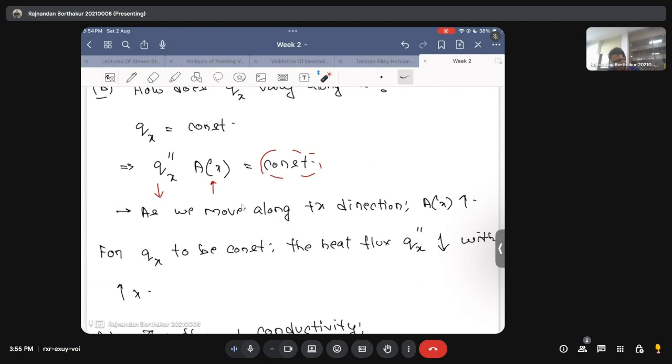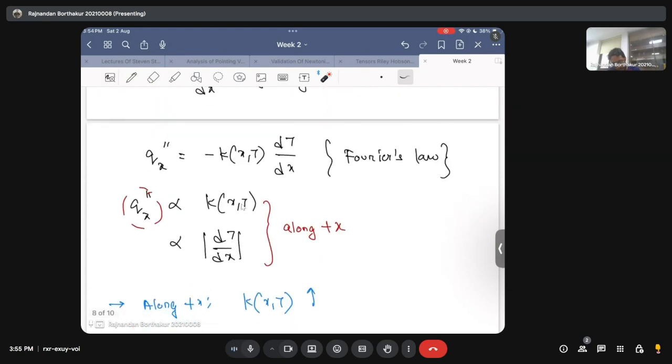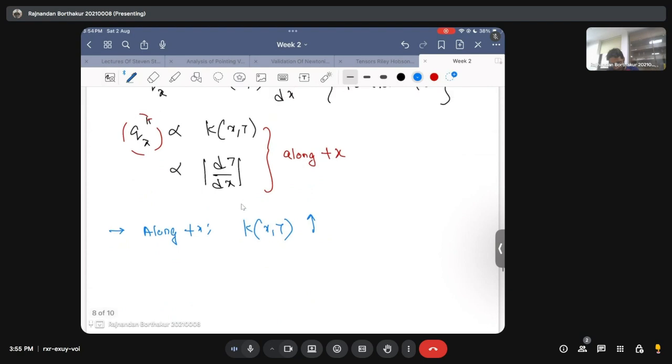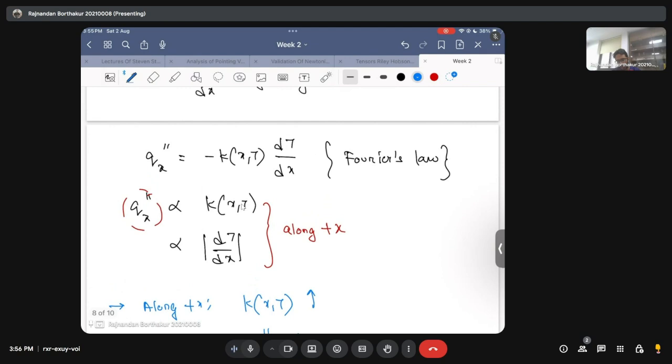That is typically because the rate of heat transfer is constant and your area is increasing, which means your heat flux should decrease. So along plus x, q_x double prime is decreasing. I have a quantity where this term is decreasing and it is equal to a term where this is also decreasing, which means that my dT/dx, at least its magnitude.